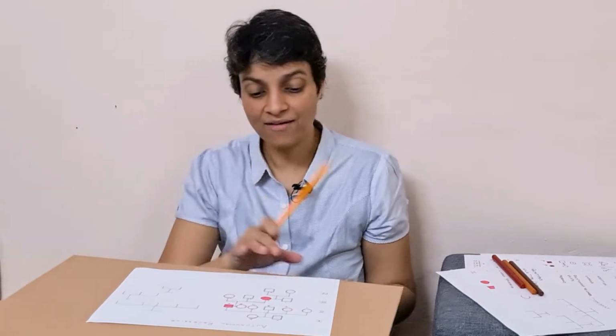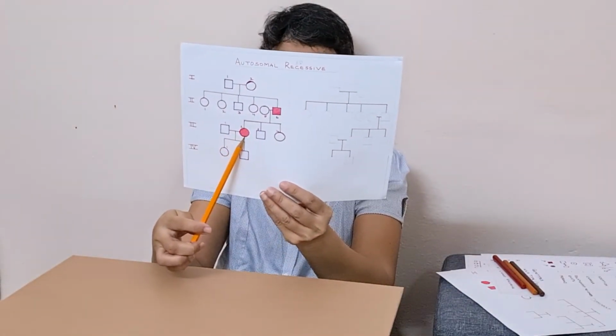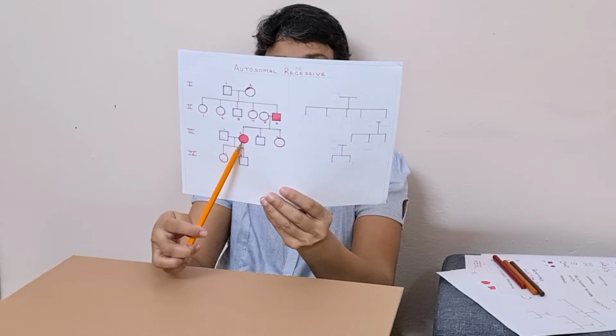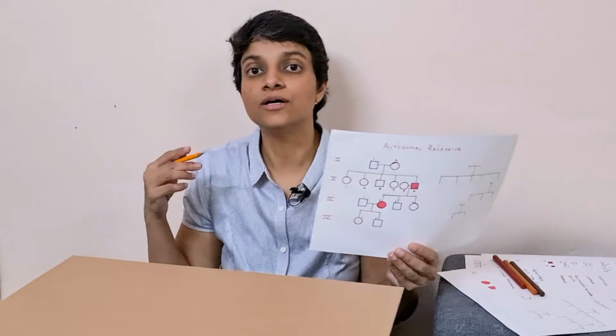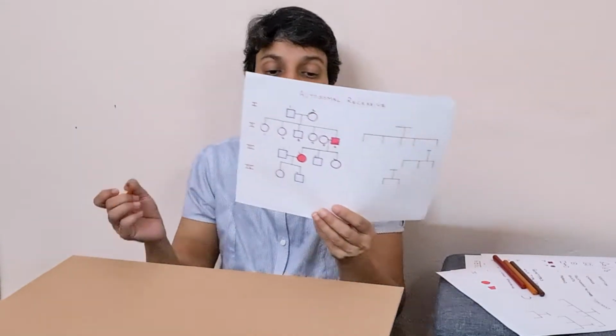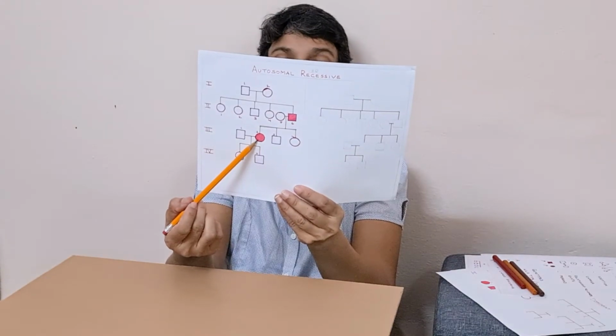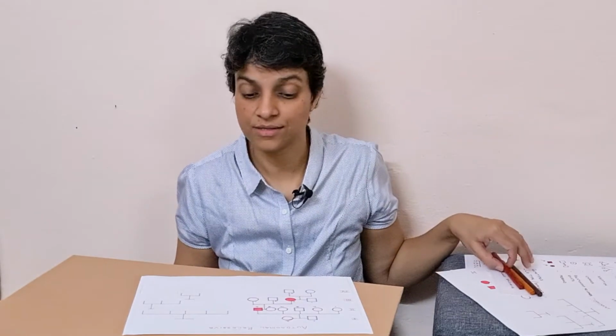So if we have the individual here as affected, then it will definitely be small a, small a. Suppose we take capital A as the dominant gene and small a as the recessive gene. The genotype of this individual has to be small a, small a, because they are showing the disease.